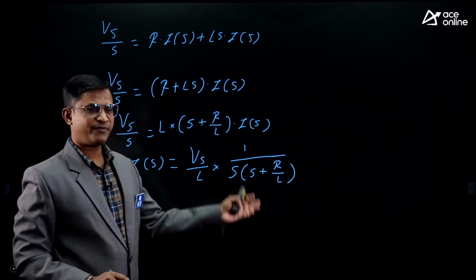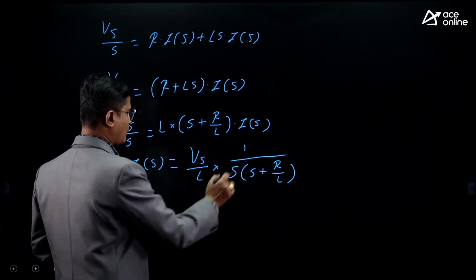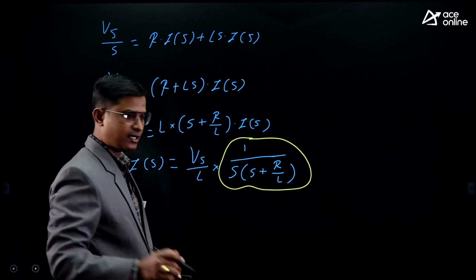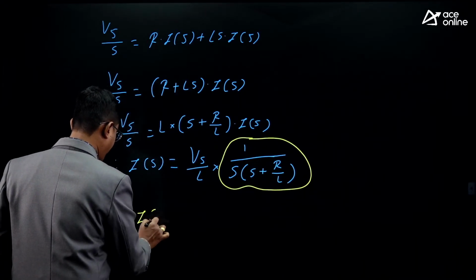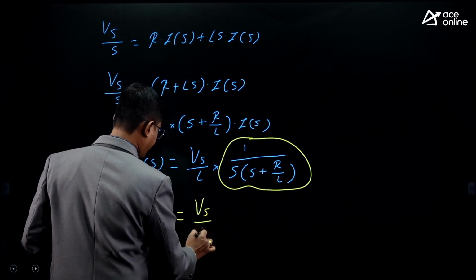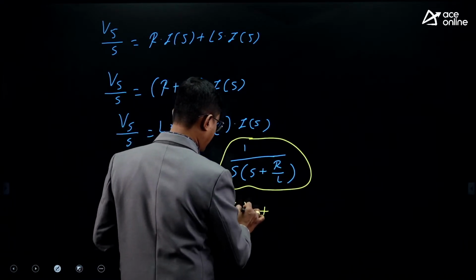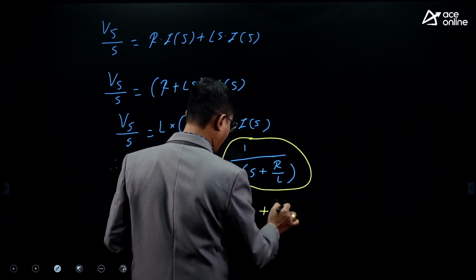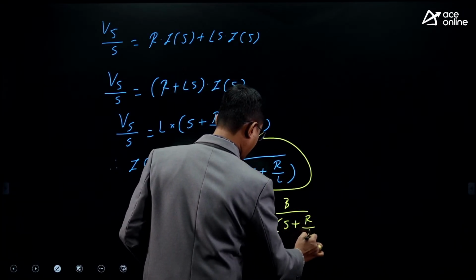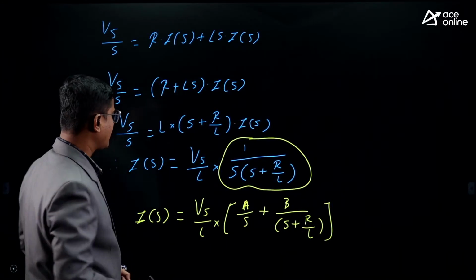Now we need to simplify this with the help of partial fractions, okay? So I am going to find the partial fraction coefficients A and B for this term. We can write I of S is equal to Vs by L into A by S plus B upon S plus R by L. Alright, let us find the A and B values.